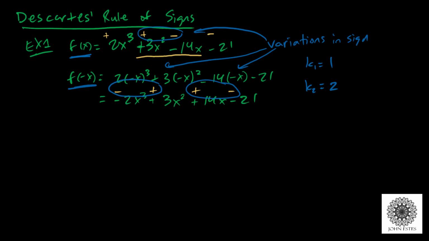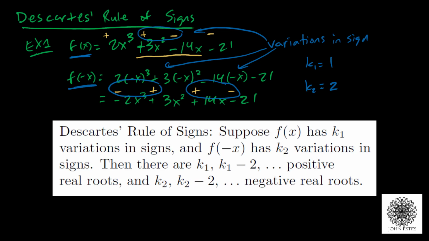Now why is that useful? Because here's René Descartes' rule of signs. Some books word it a little bit differently, but this is how I'm wording it. We're going to let f of x have k1 variations in sign, and we're going to let f of negative x have k2 variations in sign, just like we did with this example. Here's what that means. First, there are k1 or k1 minus 2 or k1 minus 4, or k1 minus some sort of even number, positive real roots in this polynomial.